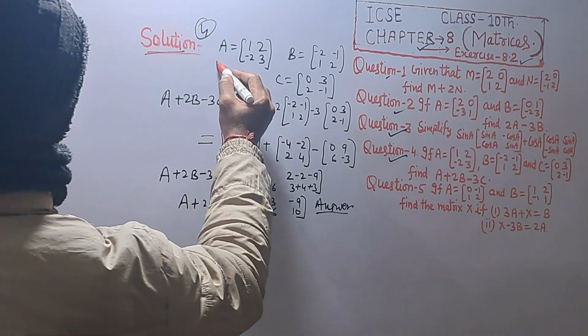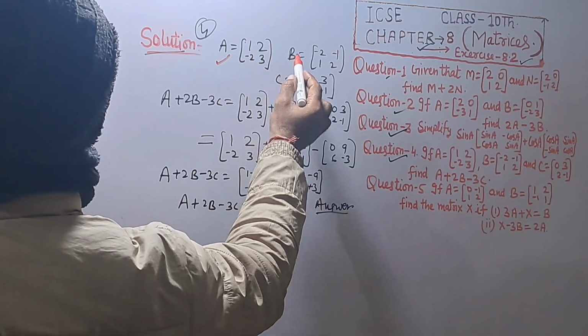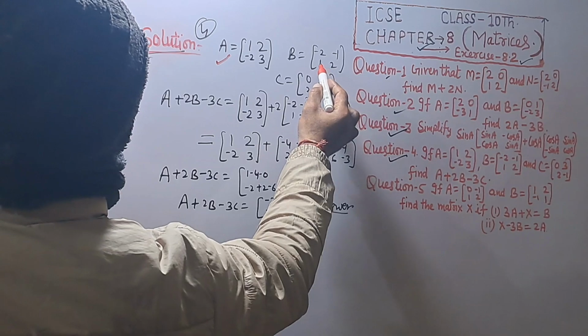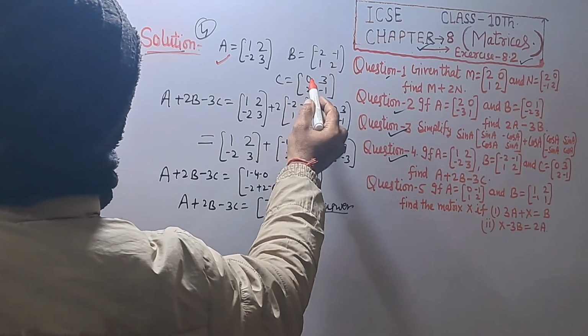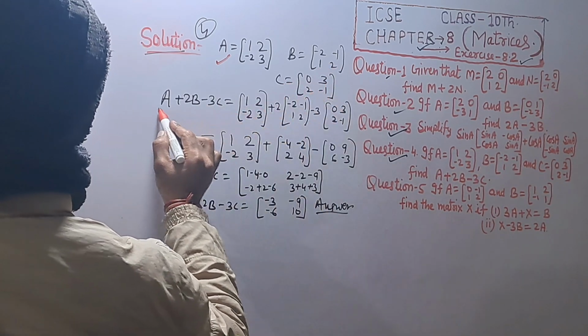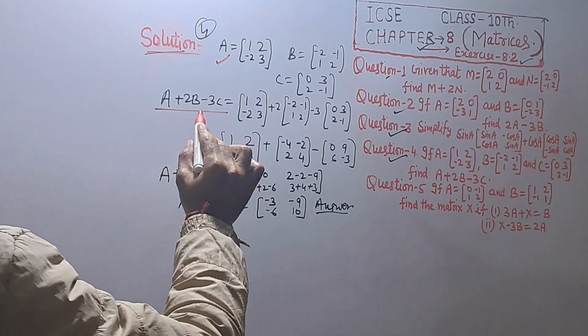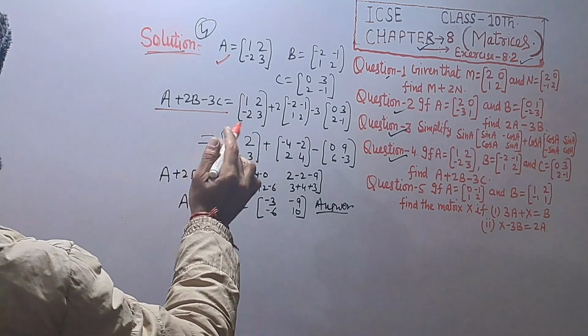Answer. Given A is [1, 2; -2, 3], B is [-2, -1; 1, 2], C is [0, 3; 2, -1]. We find the value of A + 2B - 3C.